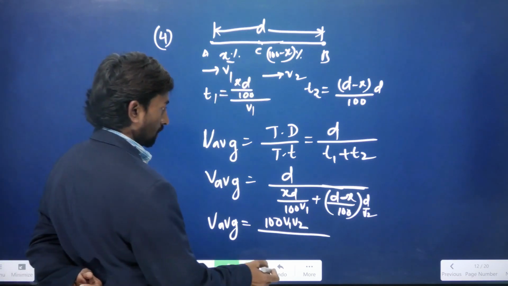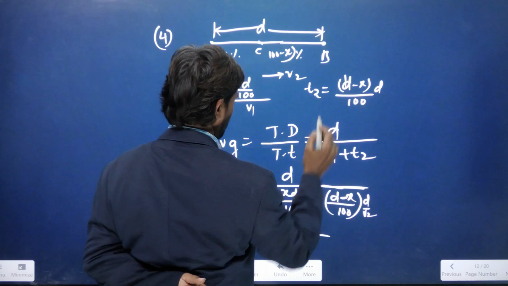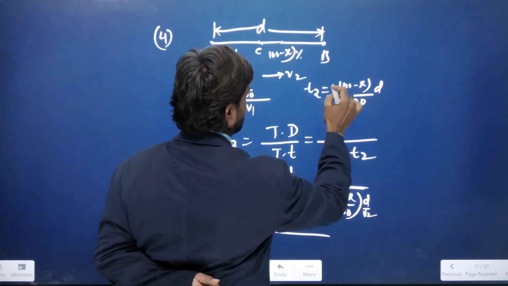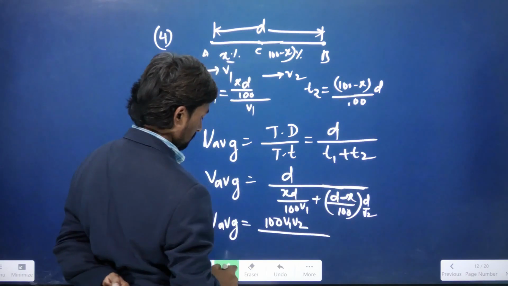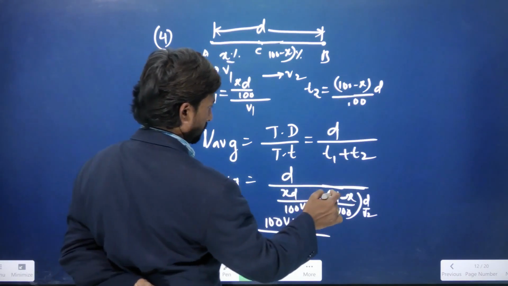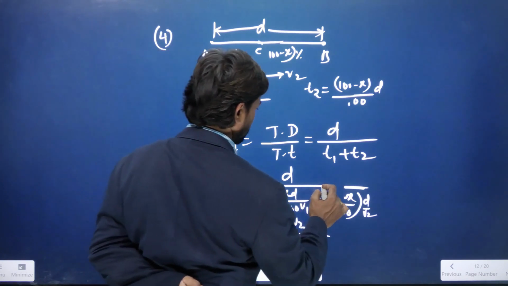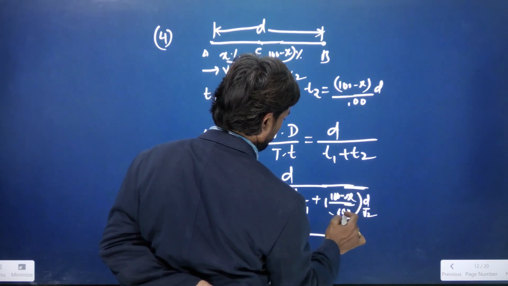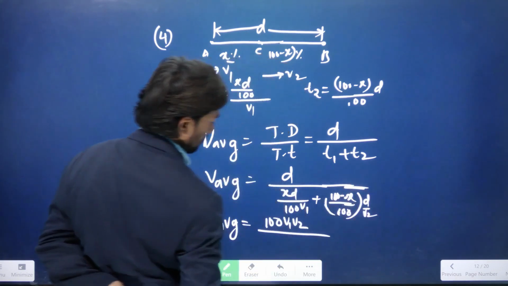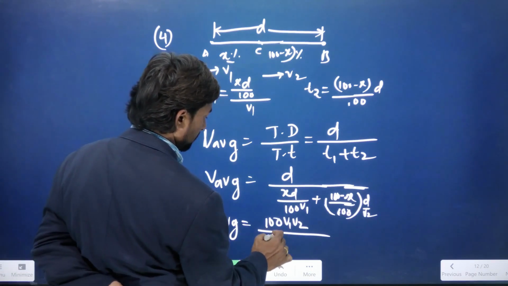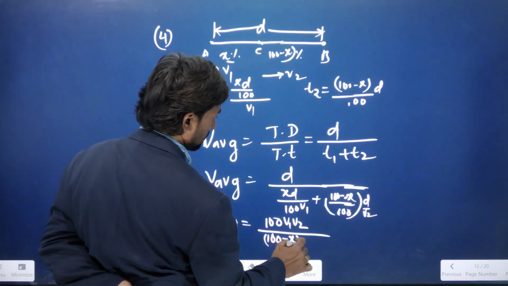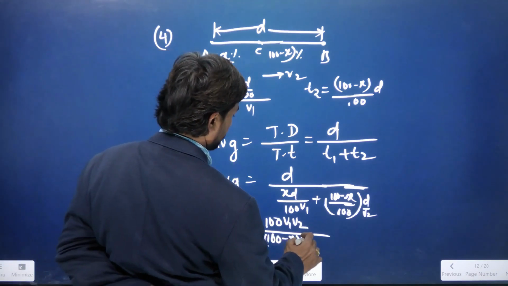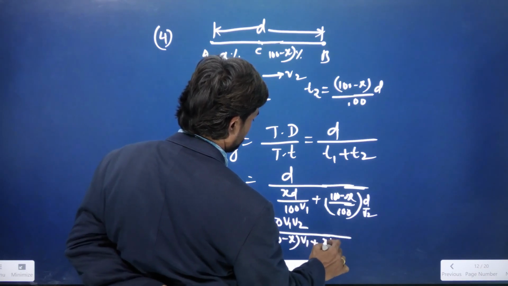So here also this one is 100, we can write 100 minus x percentage. So it will become 100 minus x divided by 100 into d. In the end we get 100 minus x into v1 plus x into v2.